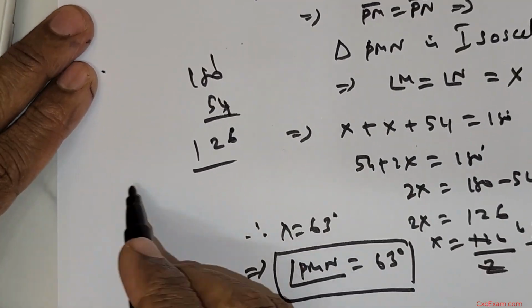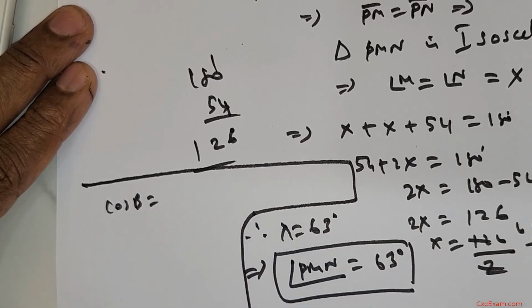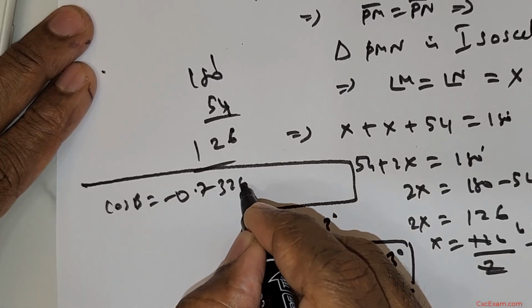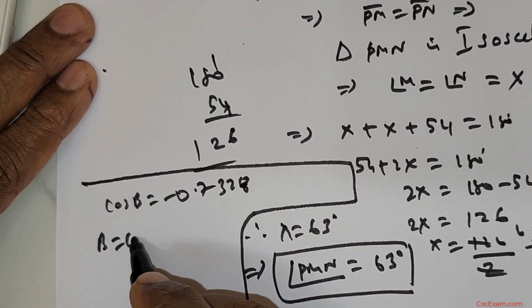Let me utilize the space here. So cos B is equal to negative 0.7328. So what is B equal to?